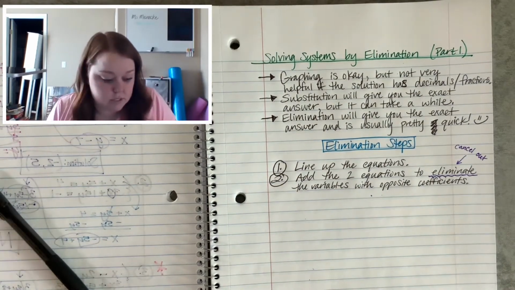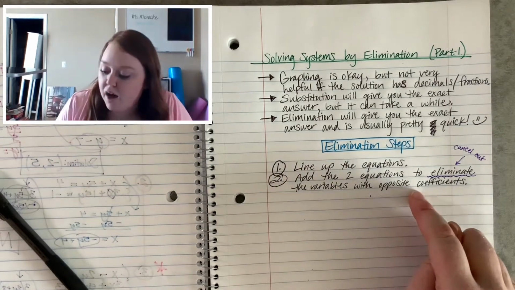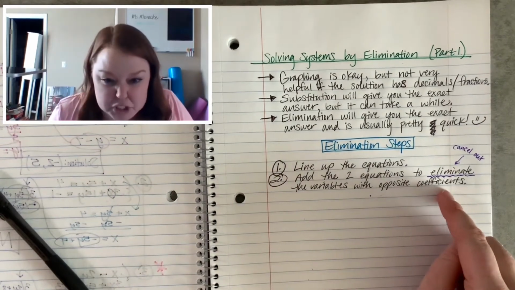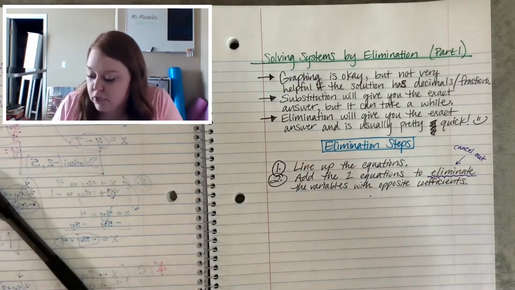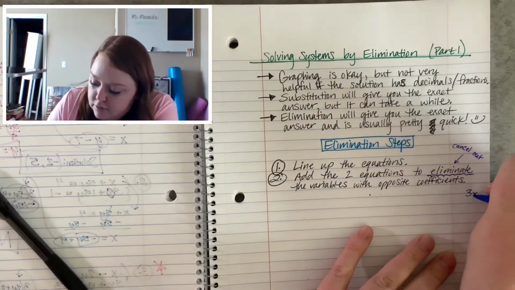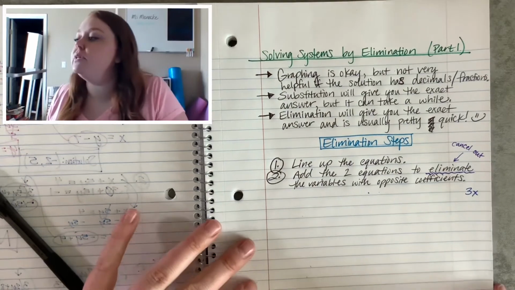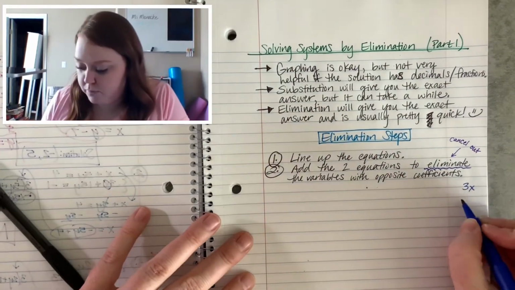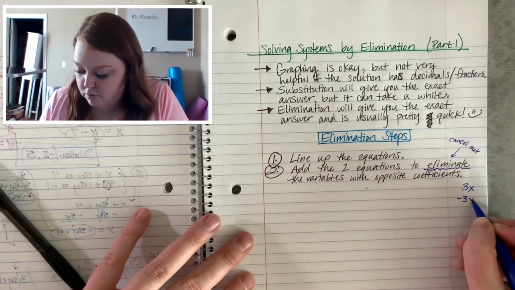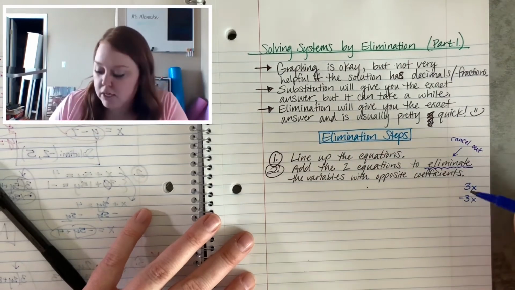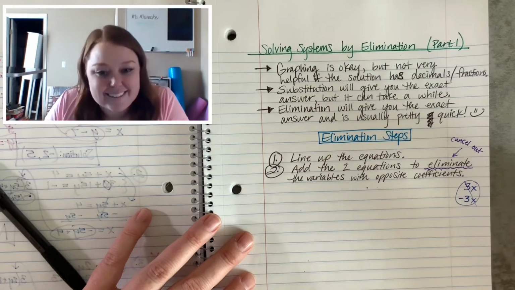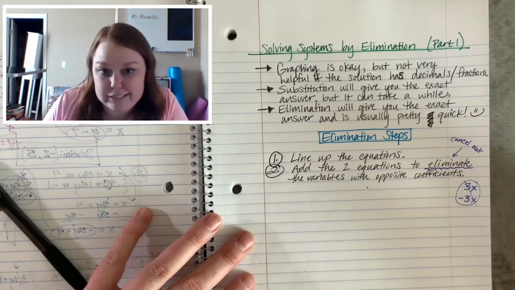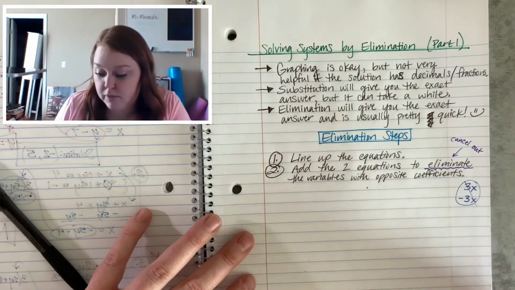So you're going to cancel out the variables with opposite coefficients. Coefficients are those numbers in front of the variables. So if you had a 3x, the opposite coefficient would be -3x. If you were to add them up, they would cancel out to nothing. They would eliminate. That's where the word comes in.